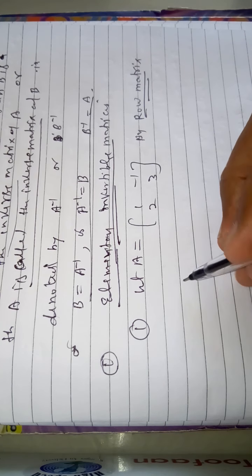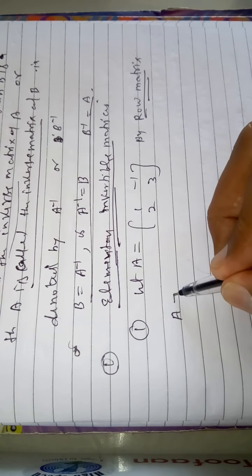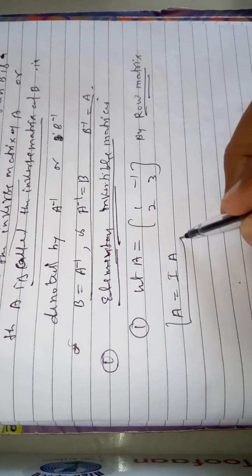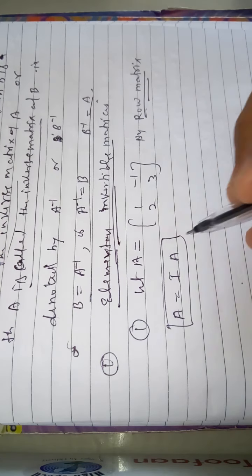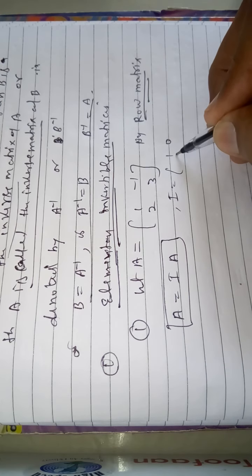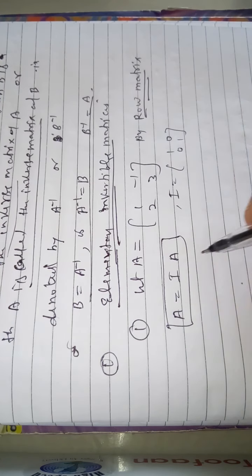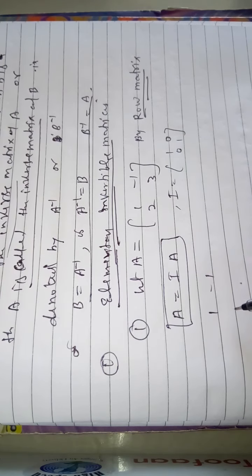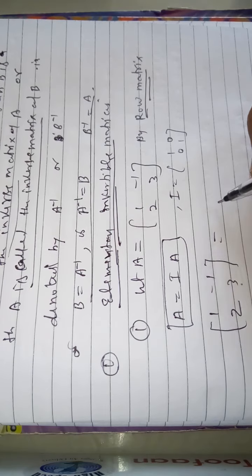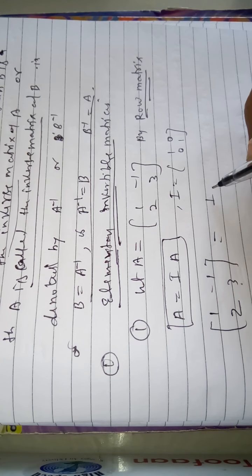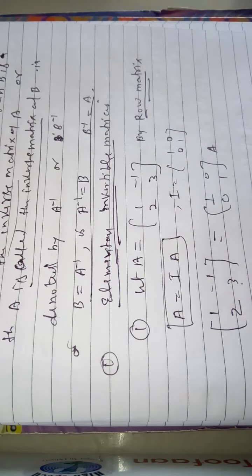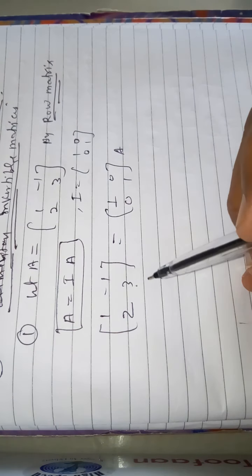The first formula is A equals IA. This is the inverse matrix formula. Putting I as a 2 by 2 matrix, 1 0 0 1, we write 1 minus 1, 2 and 3 equals I times A. See the points.